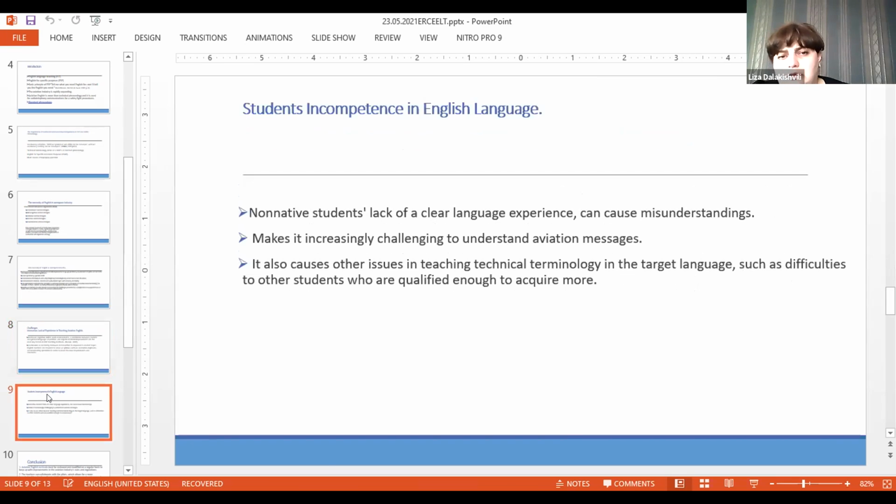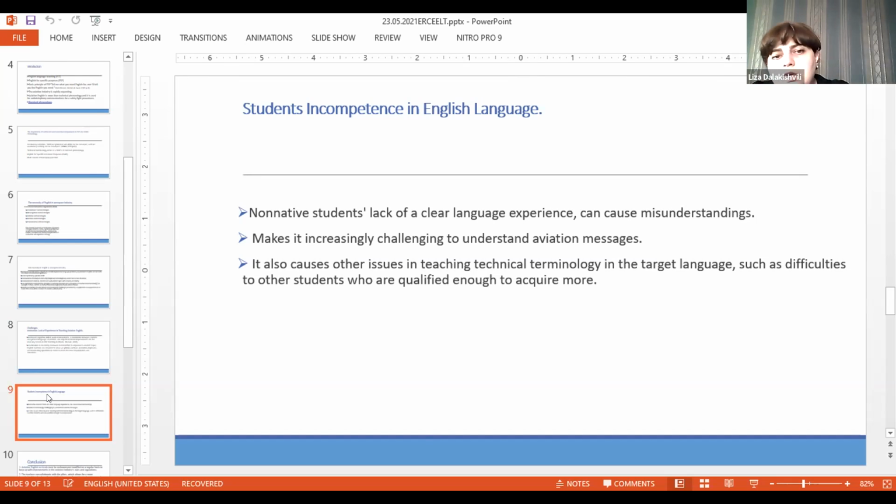Another challenge is the students' incompetence in the English language. Especially, I want to pay attention to non-native students, as lack of clear language experience can cause misunderstandings.